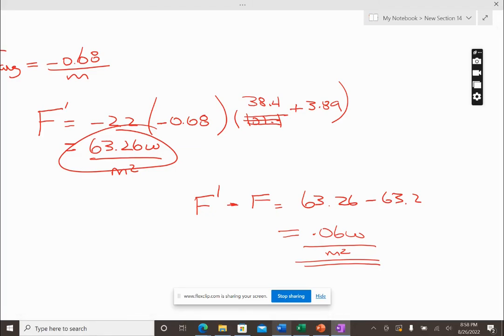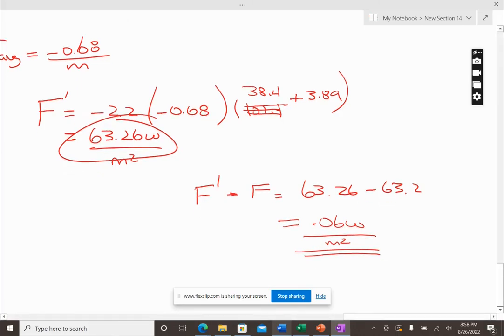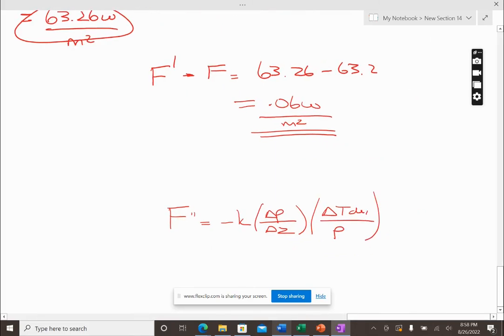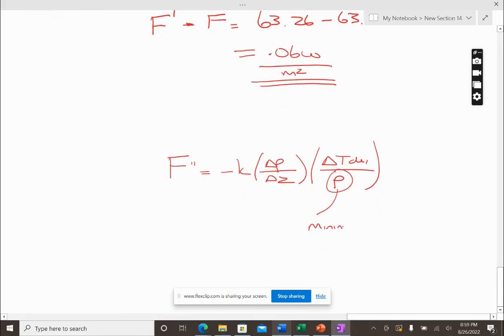And it's just interesting how you can represent heat flux in different ways using this formula, so we have negative K delta P over delta Z times delta T design over P. The interesting thing about this is we can use a proportion, a minimum, and then therefore maximize heat flux, the heat flux energy flowing through the system, and melt the ice, and ensure that we get global de-icing rather than local.